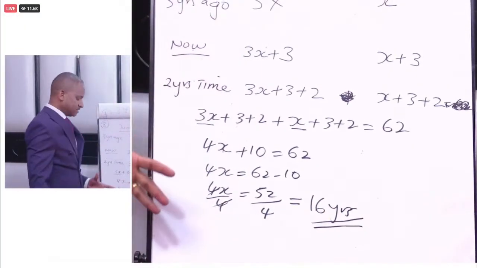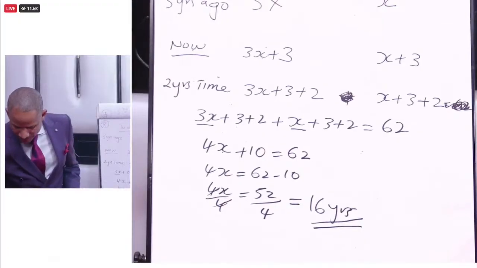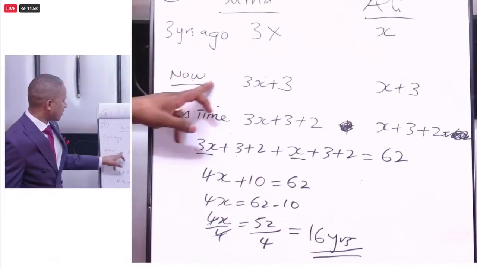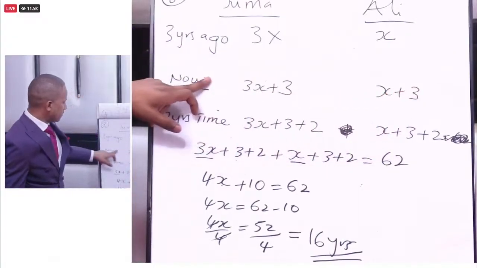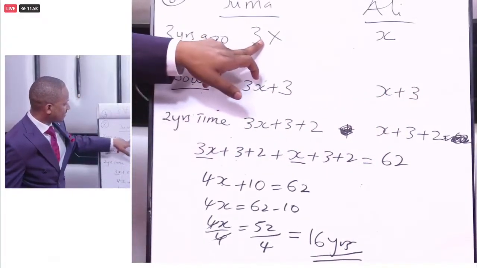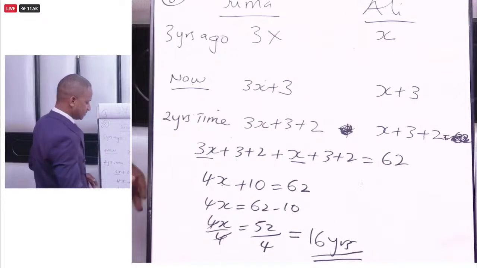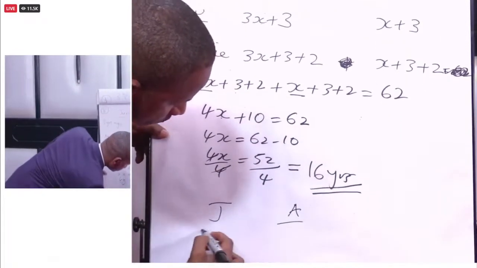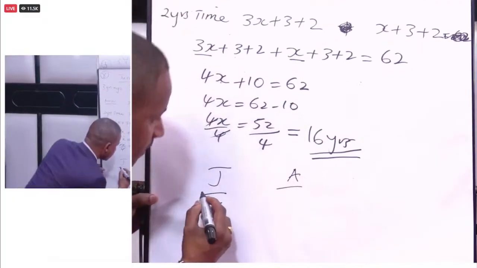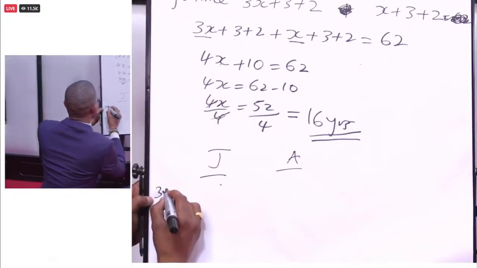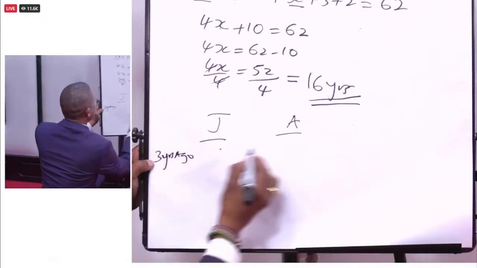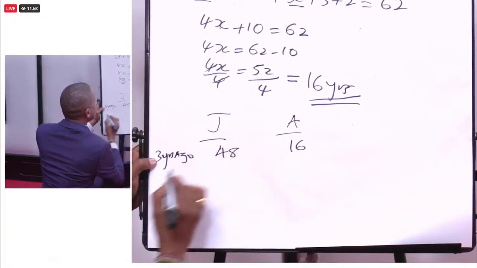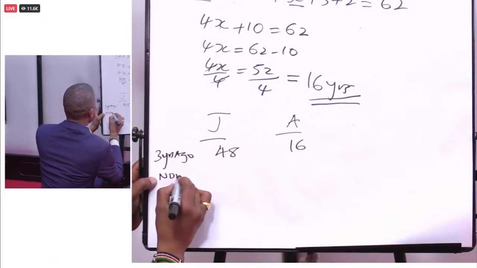So the question says, what are their present ages? Where is present? Now, here. So 3 years ago, Ali was 16 years. You come here, Juma, Ali. So 3 years ago, class, Ali was 16, but Juma was 3 times, which is 48. Then you come to now.